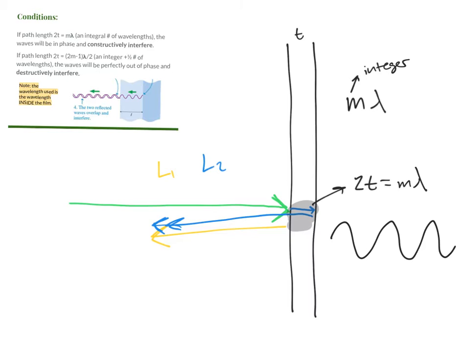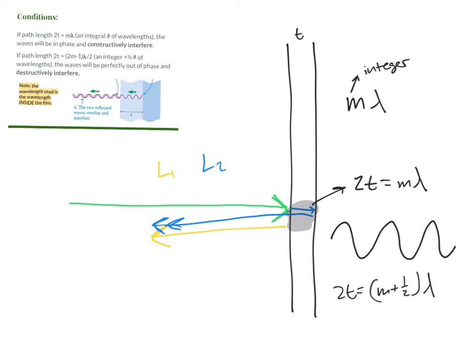So we would make destructive interference 2t equal to (m plus 1/2) lambda. That moves it out of phase. That sets the condition that our wave has to exit the film 1/2 of a wavelength out of phase from where it was, which is going to be exactly out of phase with our yellow ray that just reflected off and didn't go through the film.